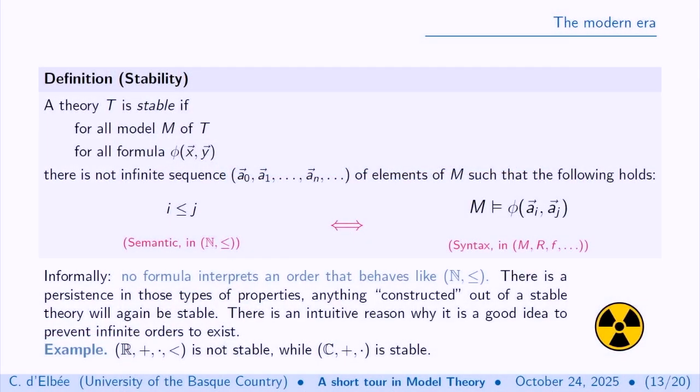Stability. Stability is a very, very important notion in model theory. It's a bit of a mouthful, a bit complicated, but we'll take our time.